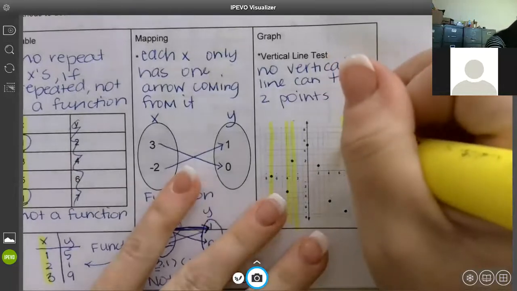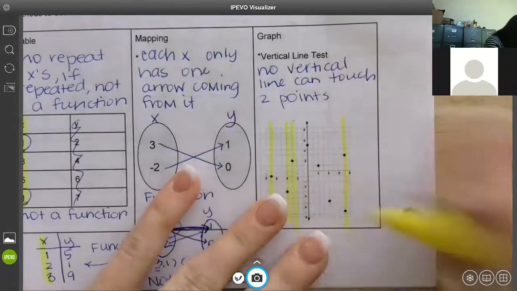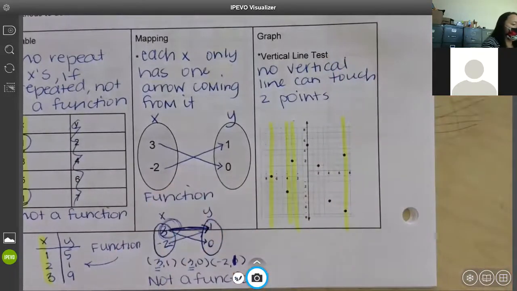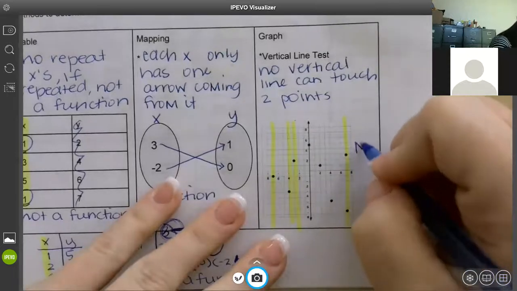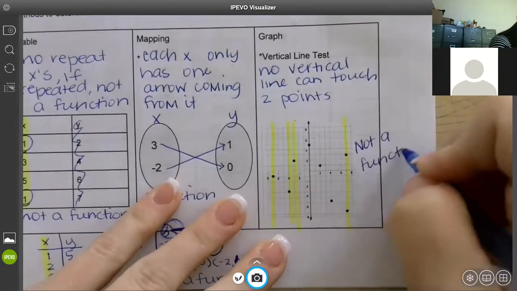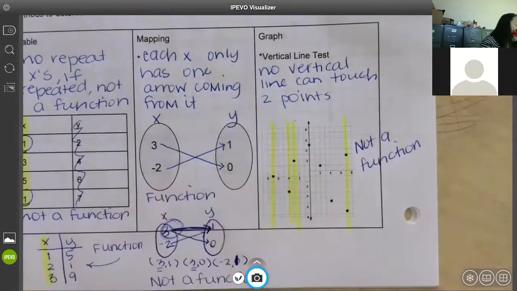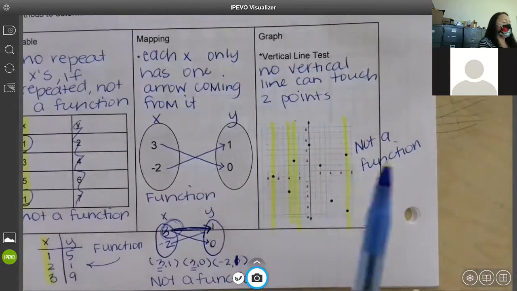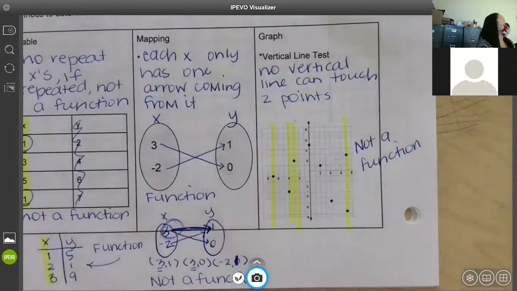However, if I make it on this line right here, how many points did it go through? This is not a function. Not a function because it goes through two points. The other ones were good. The minute we're wrong, it's not a function, okay? Any questions on that one?